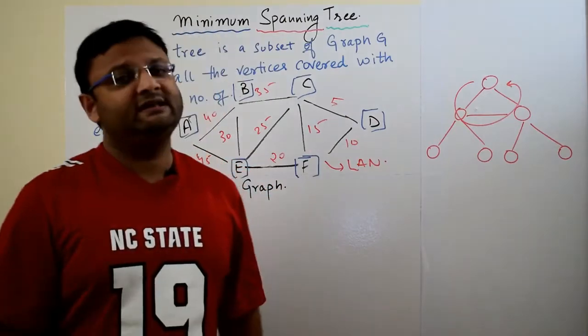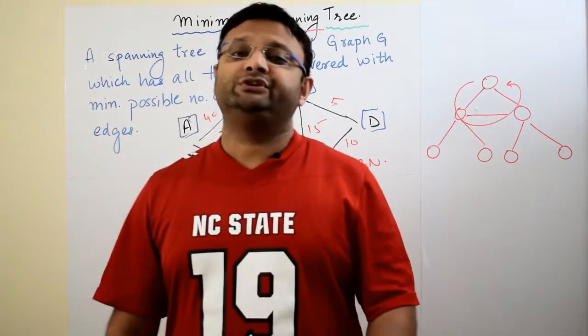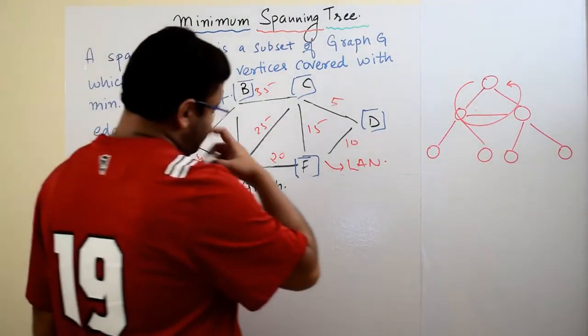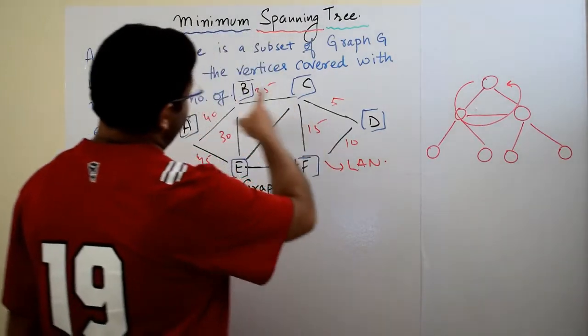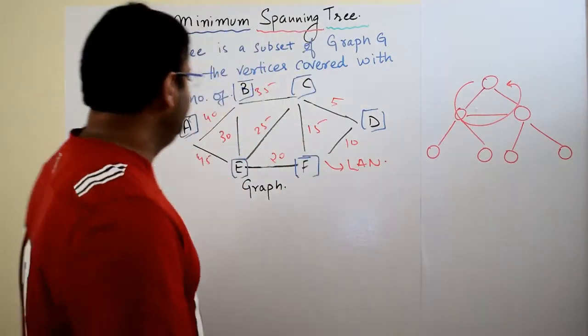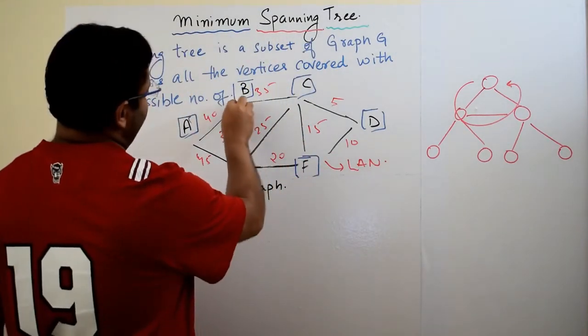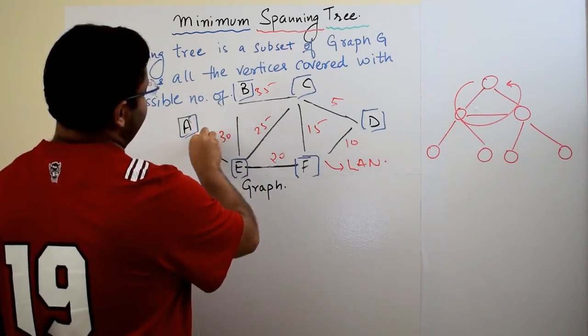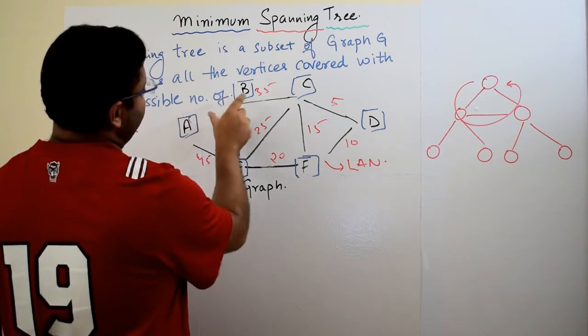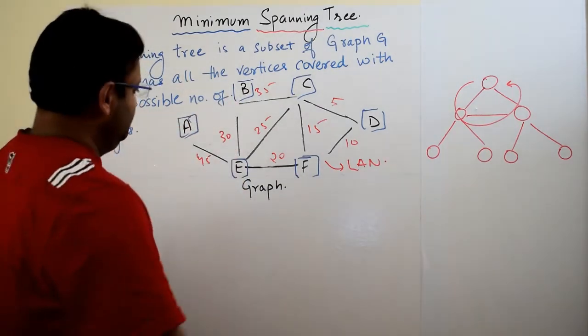So spanning tree protocol does the same thing for your switches. What it does basically is try to block off the links which have maximum cost, right? So looking at the cycle, it will try to block this edge. Blocking this edge means it will block these ports. So these ports will come into a blocking mode.